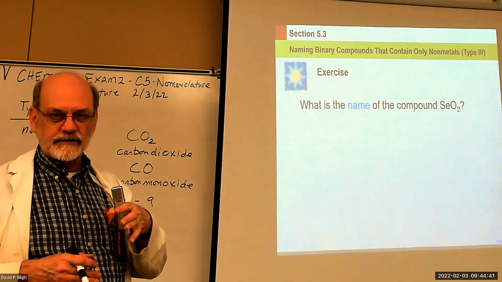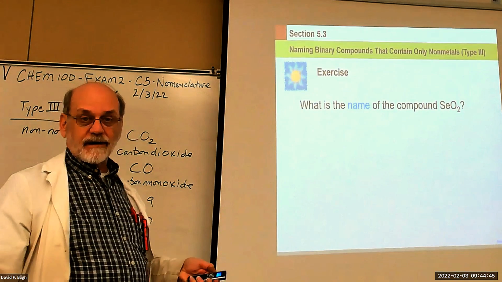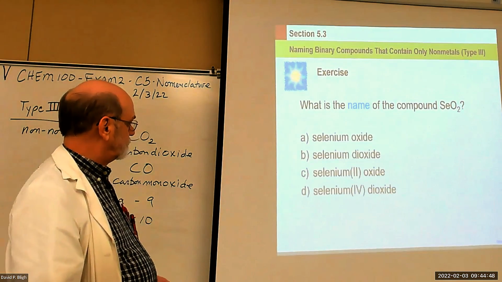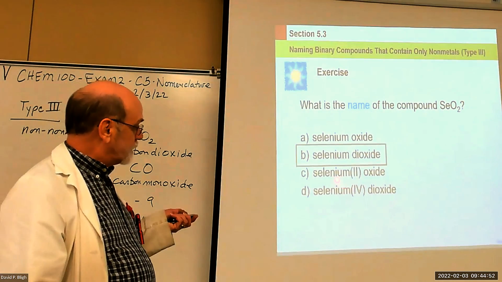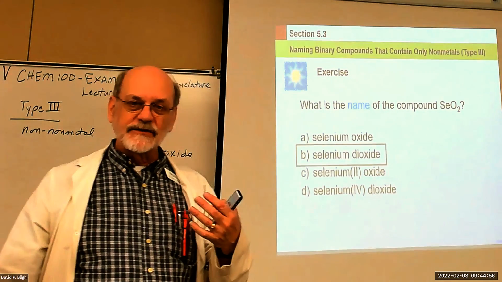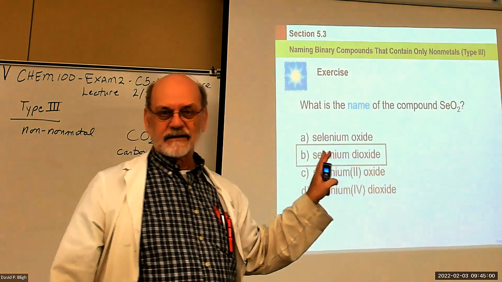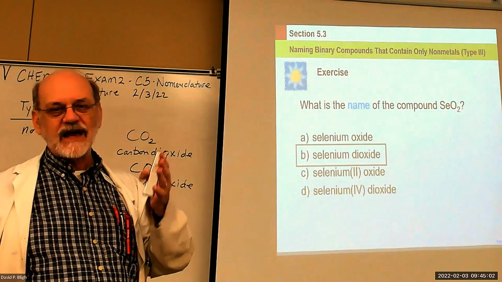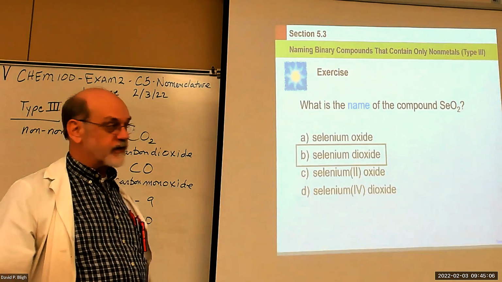It's closer to the metals. So we write selenium dioxide. If they're both nonmetals, then just put type 1 and type 2 out of your head. If they're both nonmetals, they have to be type 3 compounds, and you use the rules for type 3.